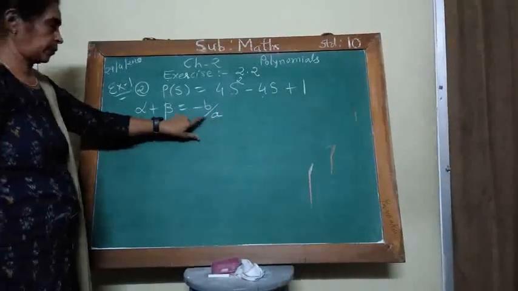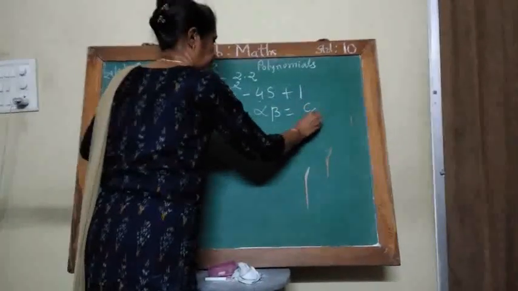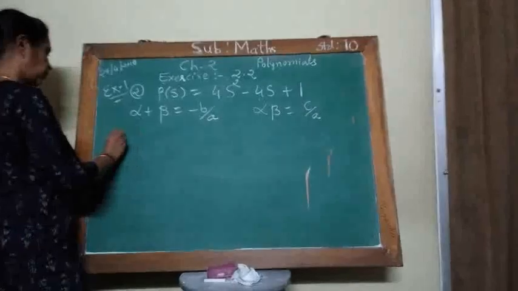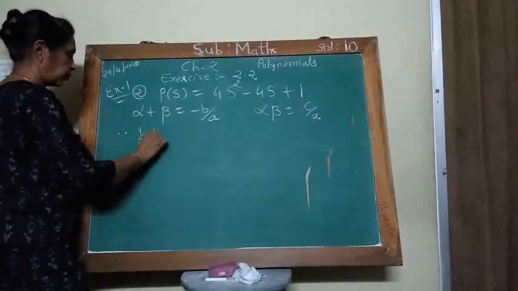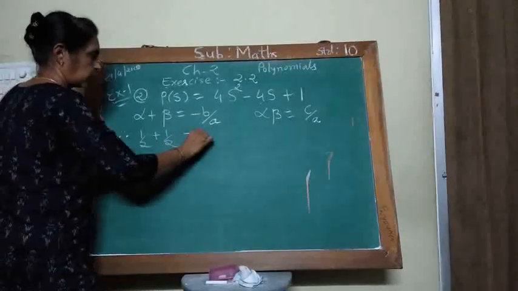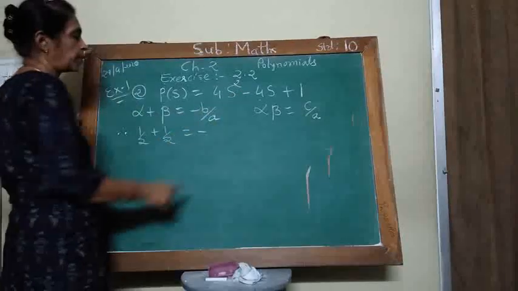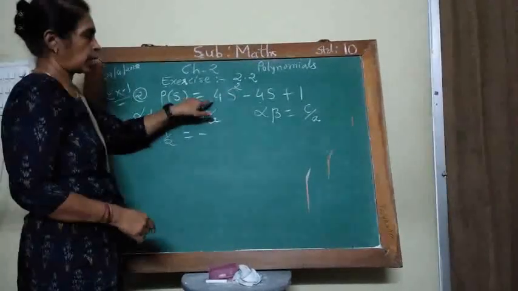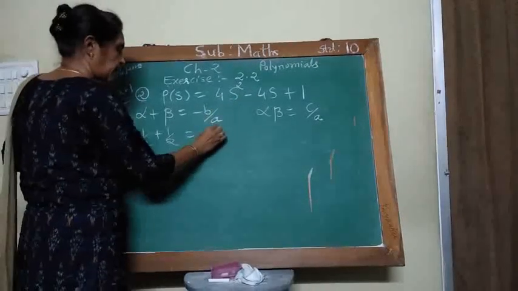Minus B upon A. Therefore, alpha is 1 upon 2. What is the value of B here? Minus 4. A is 4 and C is 1. So B is minus 4.